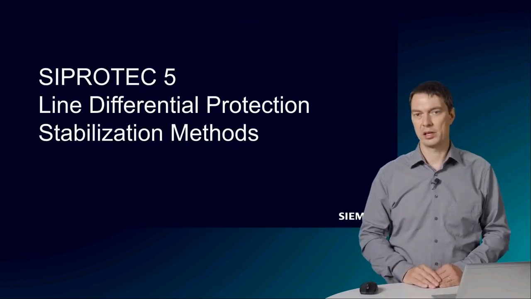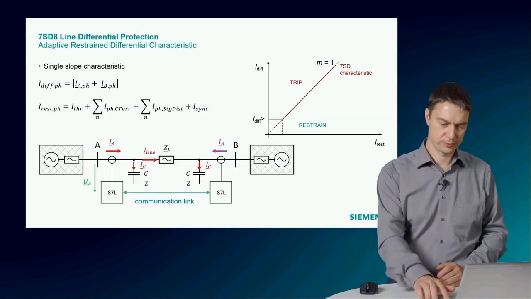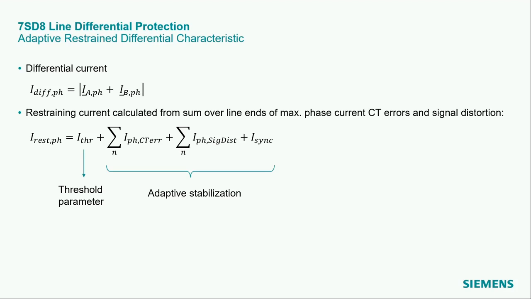Now let's come to the line differential protection stabilization methods. Now we will have a closer look at these components. The differential current calculation is standard and is shown here only for completeness.